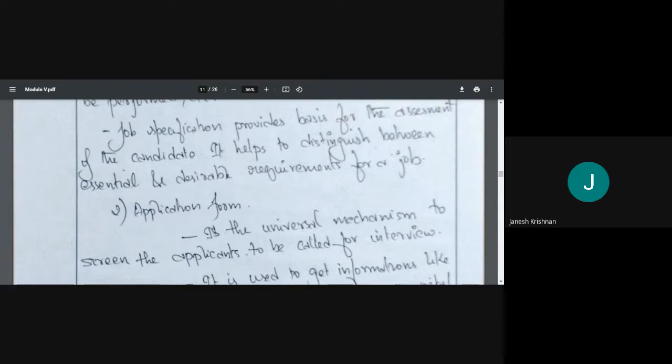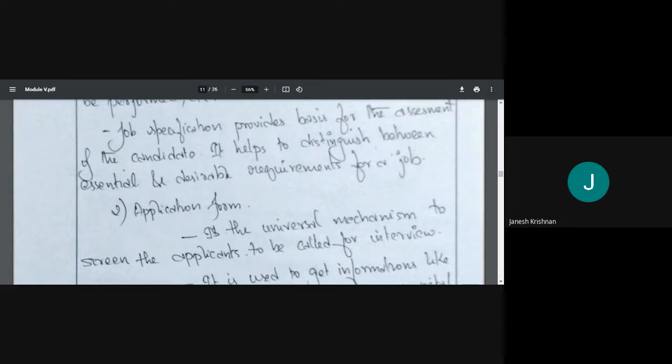That is a desirable quality, compared to a candidate coming from 10 or 15 kilometers away. If a candidate meets the requirements, he has the degree, he has the experience, whatever specifications I have, then his closeness to the site becomes an added advantage for me. So it becomes a desirable requirement.